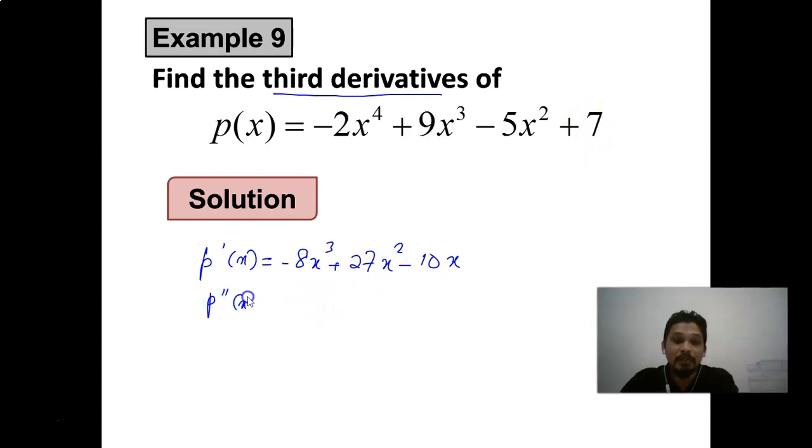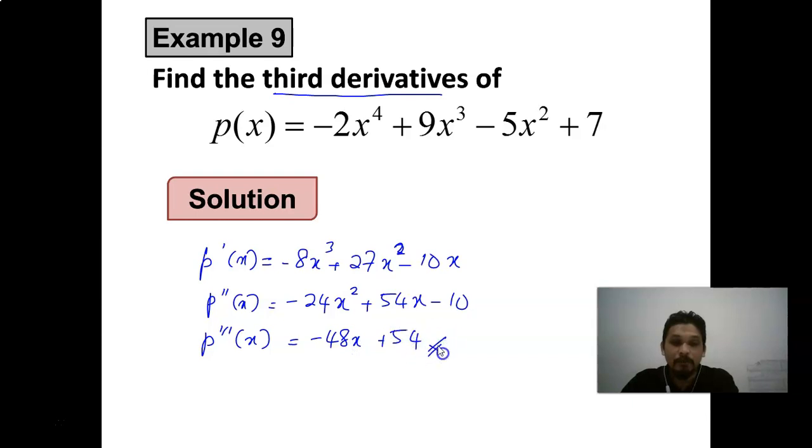P double prime x: 3 times negative 8, negative 24x squared, plus 27 times 2, 54x, minus 10. And p triple prime x equals 2 times negative 24, negative 48x plus 54.